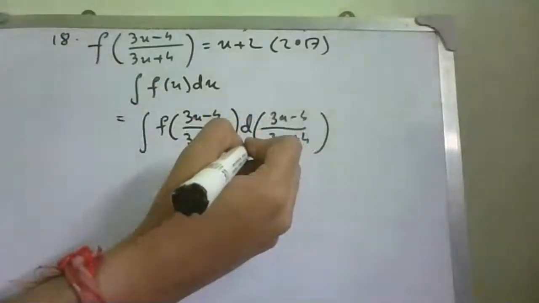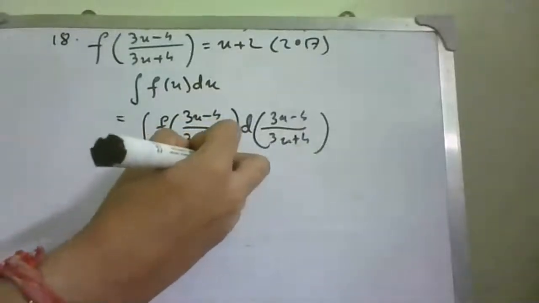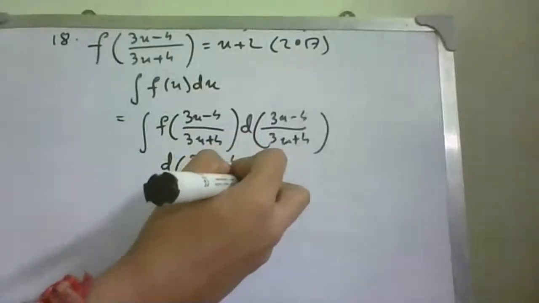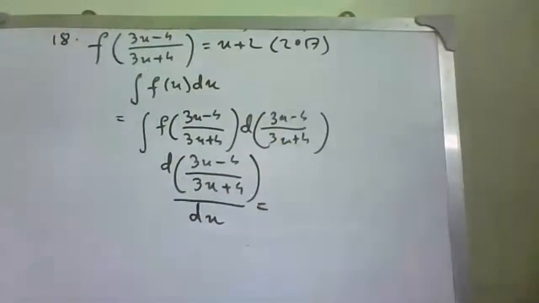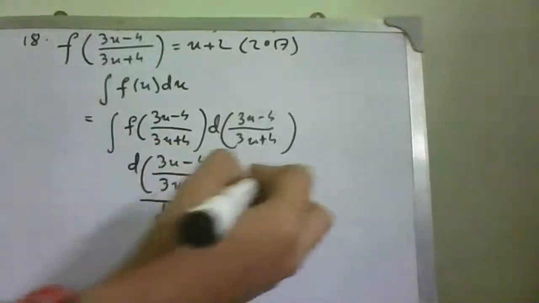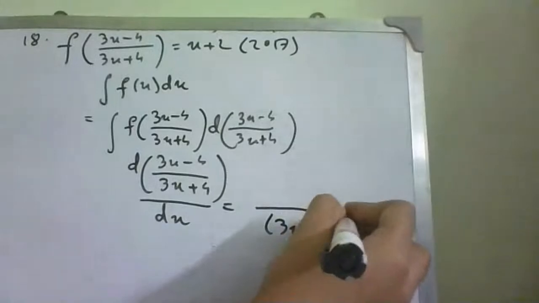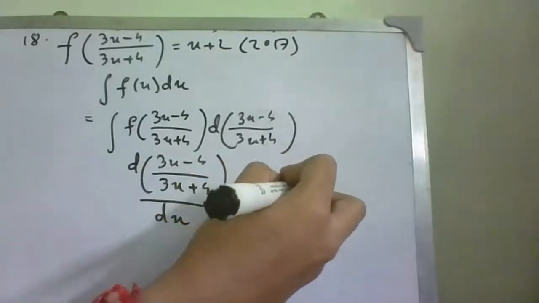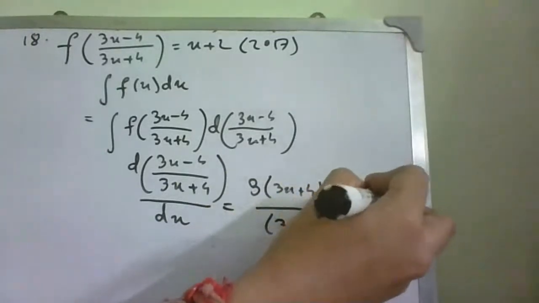Now we just need to get rid of this big thing. So there is d of 3x minus 4 over 3x plus 4 over dx. What is this thing actually? This thing is basically 3 times 3x plus 4 minus 3 times 3x minus 4, over 3x plus 4 squared.